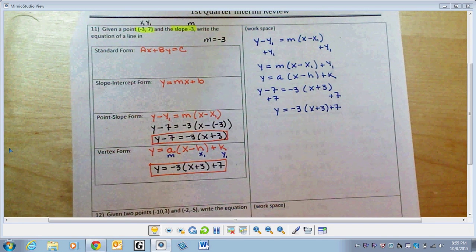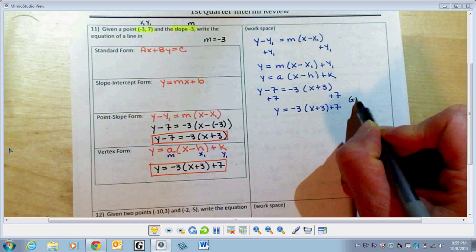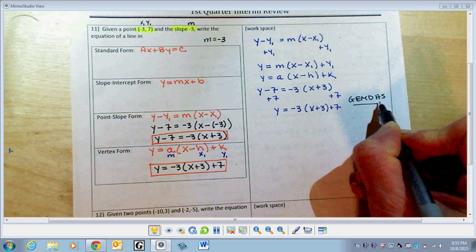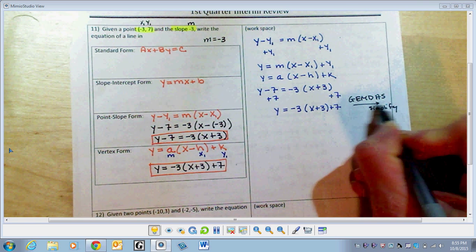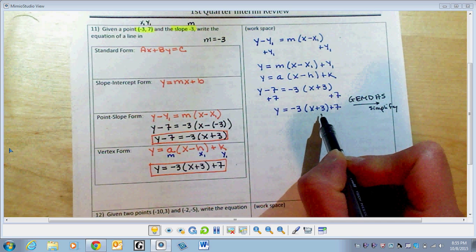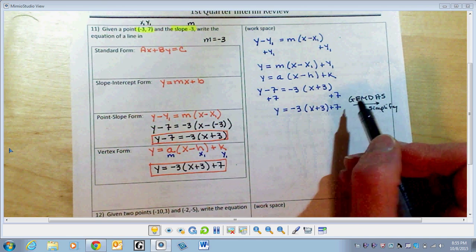So remember, I'm simplifying, and GEMDAS never goes away. I'm simplifying, so I'm going to go from left to right. I cannot do what's inside the parentheses. I cannot add x plus 3. There's no exponents, so that means I'm going to multiply.